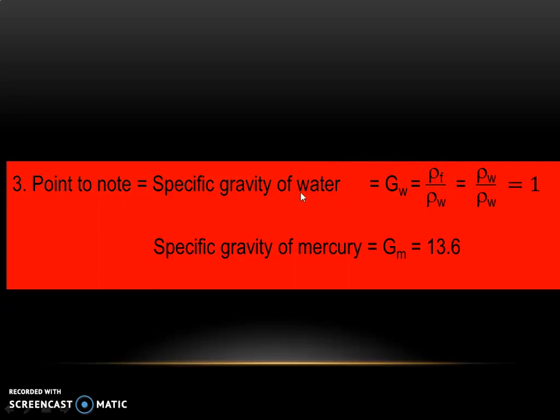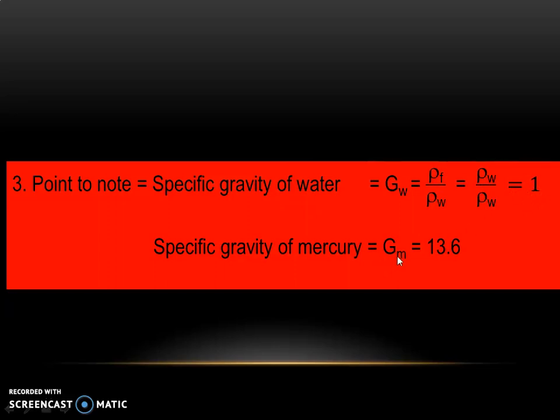We are trying to find specific gravity of water. Hence, I will replace rho F by rho W. So, rho W divided by rho W will be equal to 1. Hence, specific gravity of water is equal to 1.